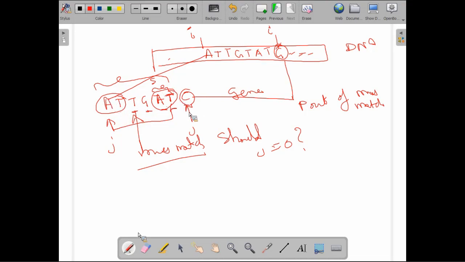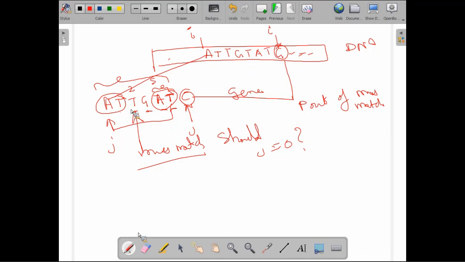So, instead of starting at J equal to 0, I can start at J equal to 2. There is no need to match this AT again here. It has already matched. Now I can check whether G matches with T.